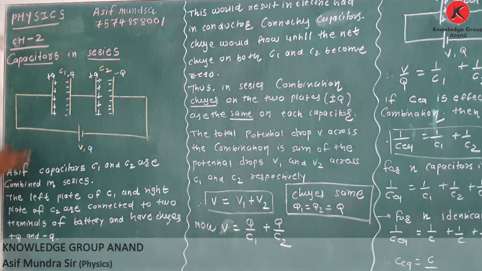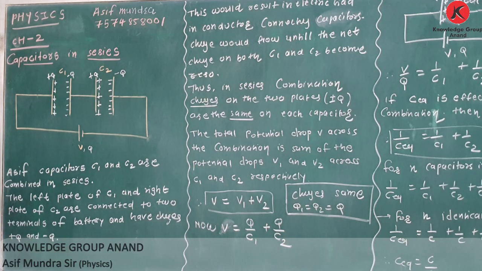This is how we identify a series connection. Another way to find a series connection is the battery. From the battery, charge is flowing. There is only one path, and these capacitors are on one path. So we can say they are in series connection.